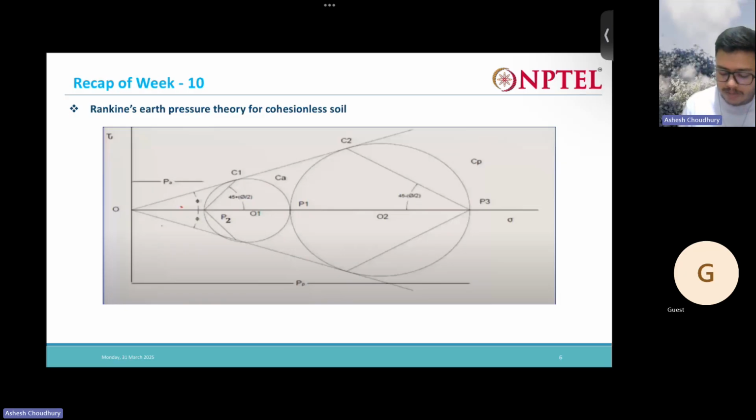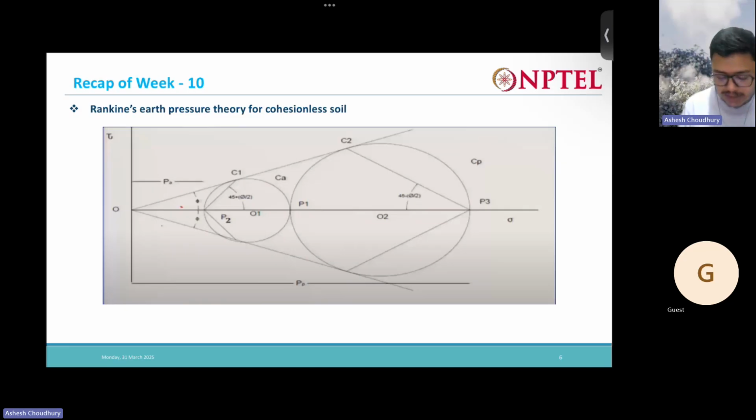Rankine's earth pressure theory considers that the contact between the backfill soil and the surface of the retaining wall is frictionless. So it considers that the retaining wall surface is smooth, and there is no friction between the retaining wall surface and the backfill soil.